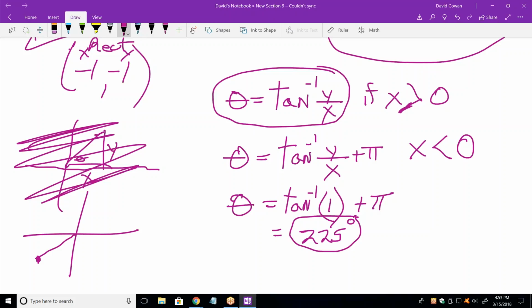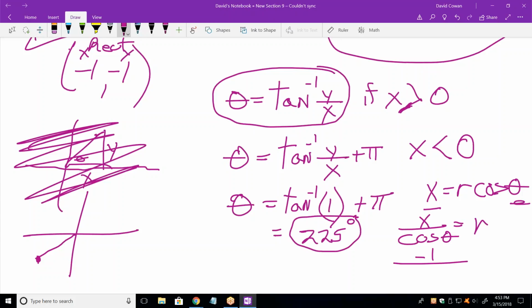So now we need r. We only need one of those equations, and we know what x is and what theta is. So r equals x divided by cosine of theta. That is -1 divided by cosine of 225 degrees, which is negative square root of 2 over 2.